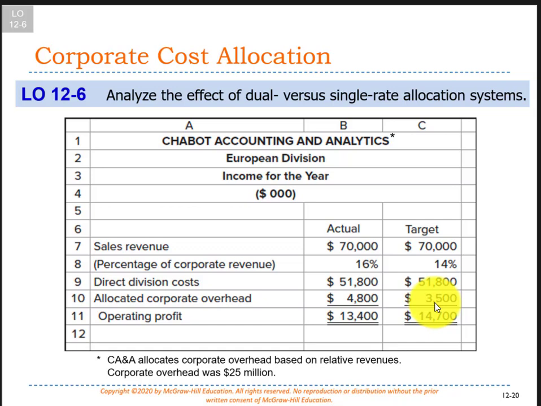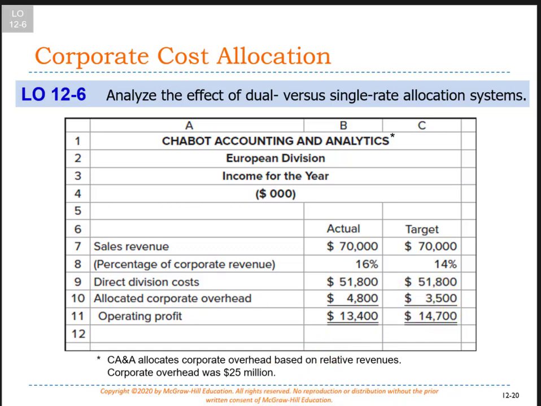And maybe that manager wouldn't feel so badly about being evaluated if that was the allocation. And you said, if you can find a way to reduce your turnover, then that would mean less corporate overhead allocated, because our overall corporate overhead would be lower, since we don't have to spend so much time hiring to replace the people that work in your department.